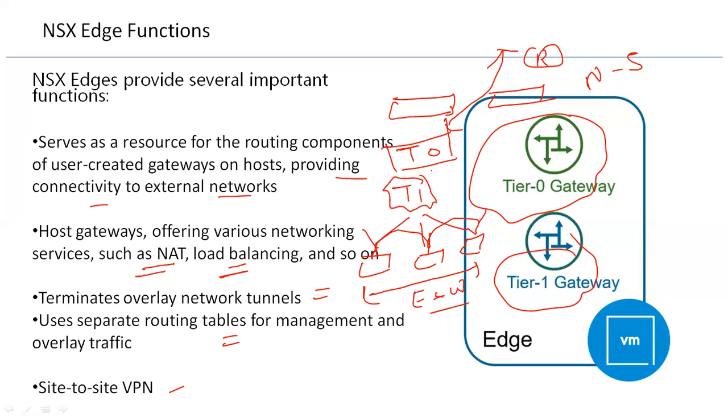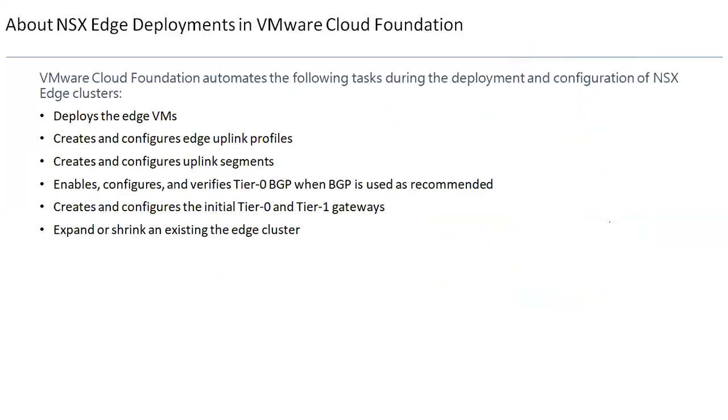When we deploy any Edge environment, it deploys one T0 and one T1 by default. If you later want to create more T1 or more T0 within the Edge environment, you can create them as per your design and environment requirement. VMware Cloud Foundation automates the deployment of Edge VMs, creates and configures the Edge uplink profile and all the Edge segments, and enables and configures T0 with BGP configuration.